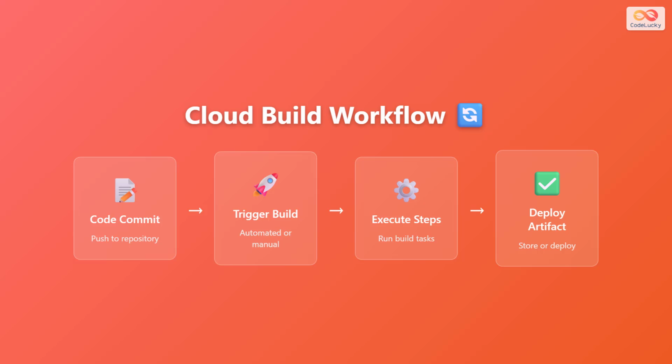Finally, the build artifacts are either stored in Cloud Storage or Artifact Registry, or deployed directly to services like Cloud Run, Google Kubernetes Engine, or App Engine. This entire process happens automatically, enabling continuous delivery of software updates.